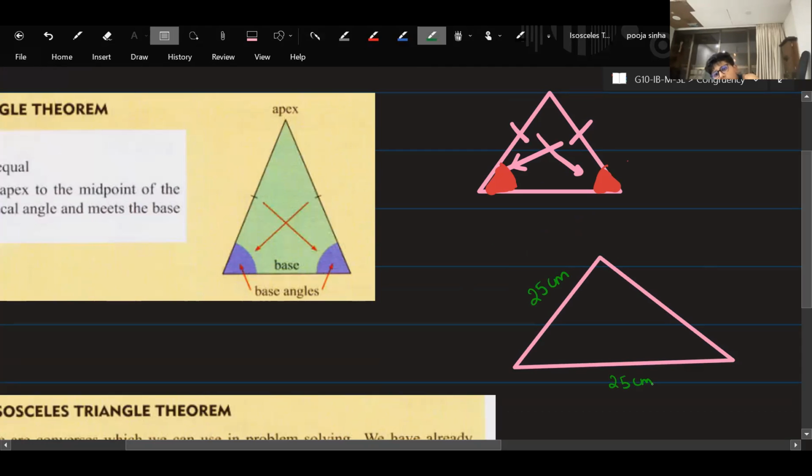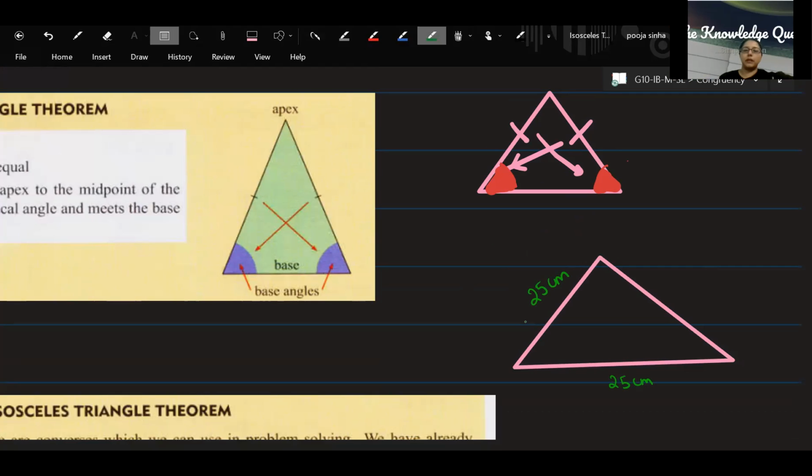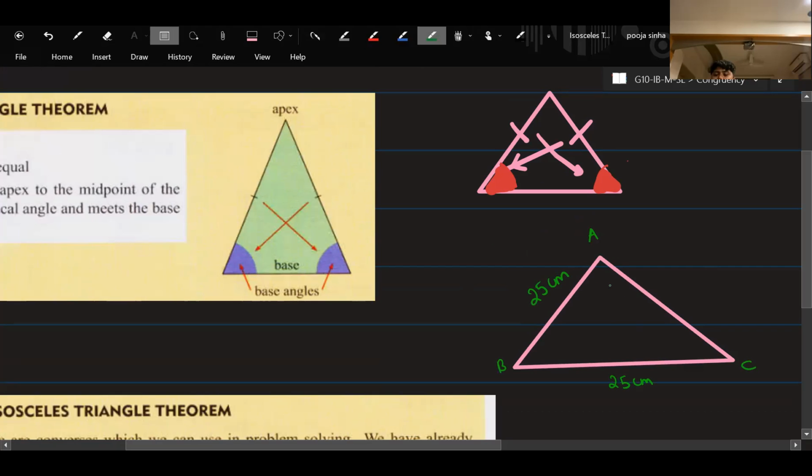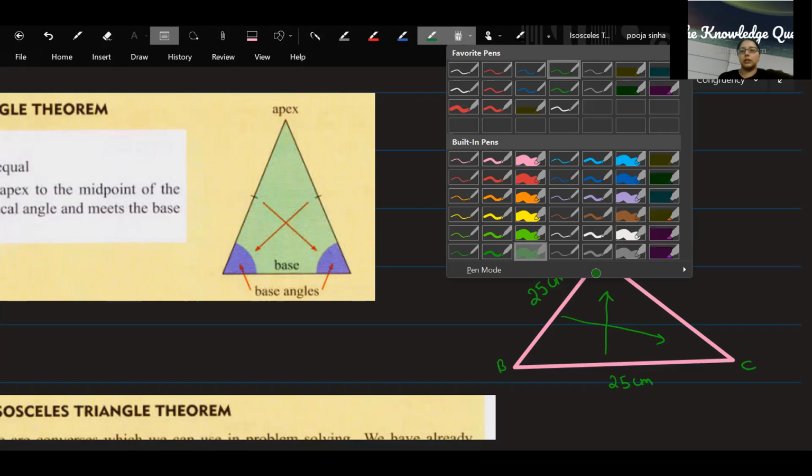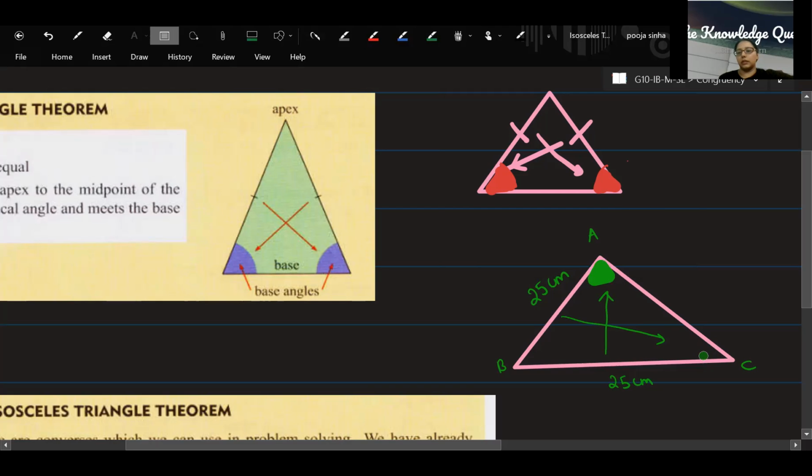The top angle and the right angle are the same. So from here, what else can I conclude? Which angles? Let me name them as A, B, C. Opposite to this is A and opposite to this is C. So angle A and C will be equal. So this angle and this angle will be equal.